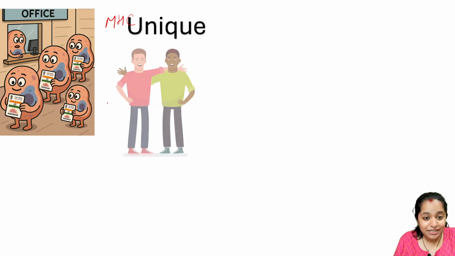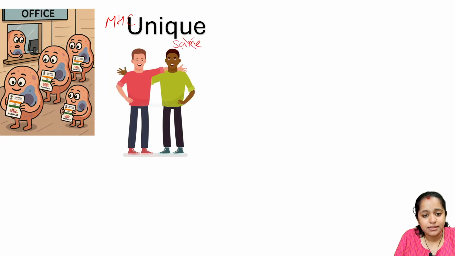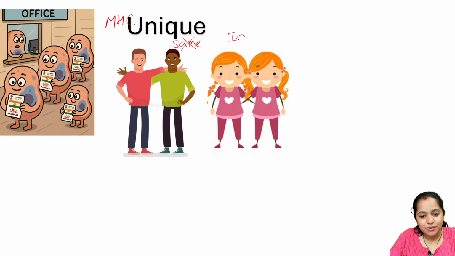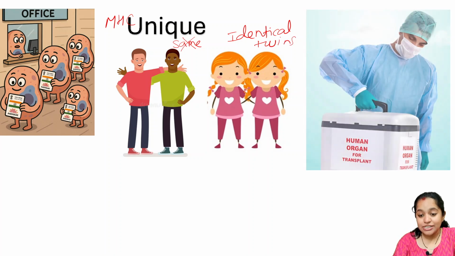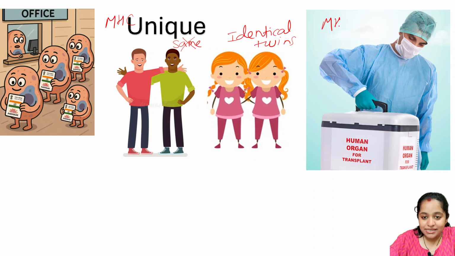That means no two individuals will have the same MHC. They can't have the same Aadhaar card, they won't have the same MHC, but we have one exception here. Two identical twins can have the same MHC molecule. Clear? That's why during transplantation, there is a mismatch because of this MHC molecule.